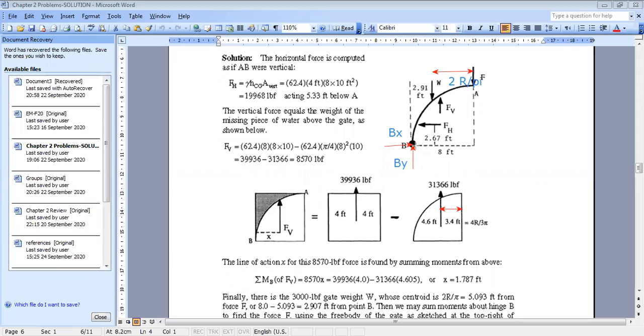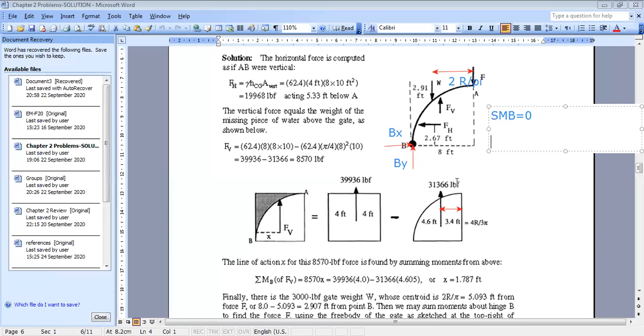Okay, so now we can move to find F. As we said, we don't need Bx and By, so we choose the sum of moments about point B. When we do the sum of moments about point B, Bx and By cancel out since they pass through point B. So when we set the sum of moments about B equal to 0, we can find F. Let us choose a positive direction.